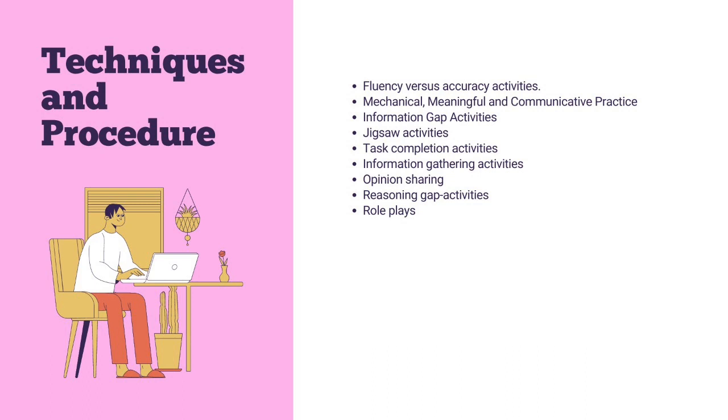And next is information transfer activities. This activity engages students to take information that is presented in one form and represent it in a different form. For example, students are given tasks to read a travel experience. After that, they are asked to draw a map of it.